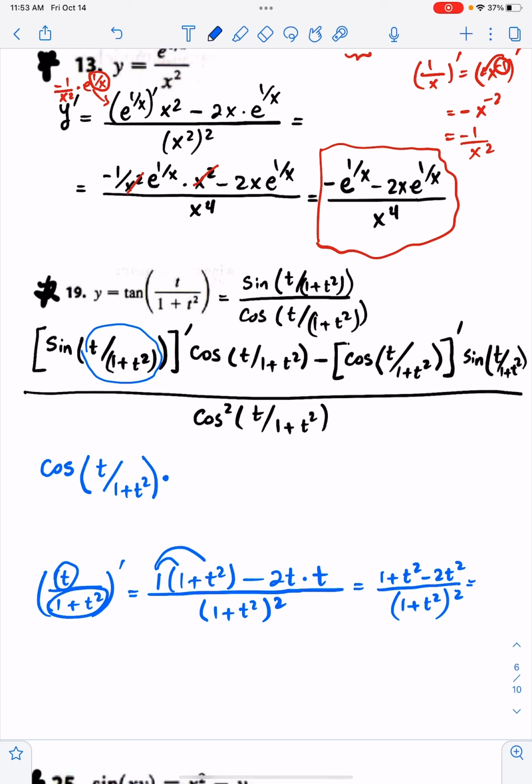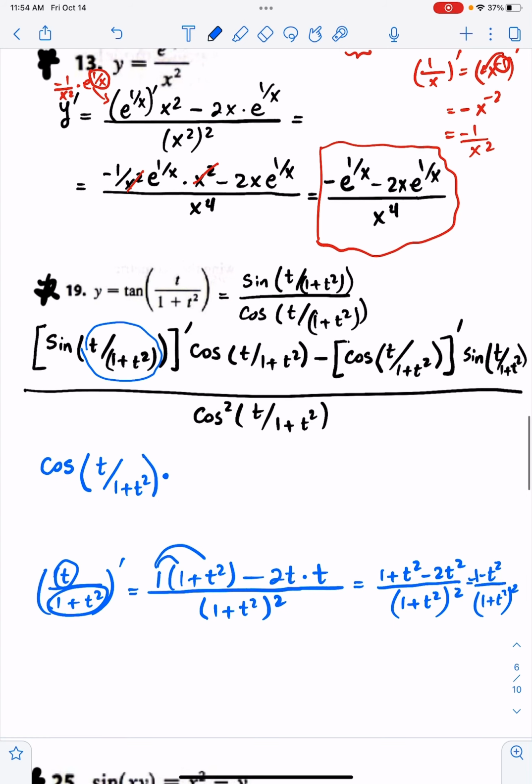Simplifying here, it's negative t squared plus 1, or 1 minus t squared, over 1 plus t squared to the power 2. Okay. So here is what we're going to write as a derivative of inside. So that would be 1 minus t squared over 1 plus t squared to the power 2.